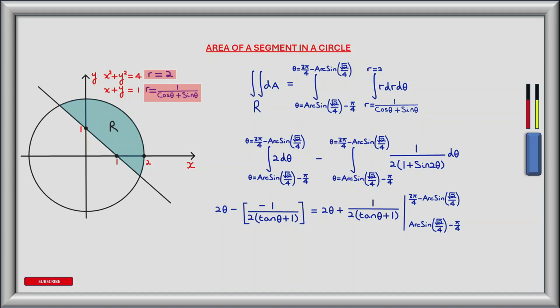The antiderivative of the first integral is 2 theta, and without going through the various steps, the antiderivative of the second integral is minus 1 divided by tan theta plus 1 times 2.